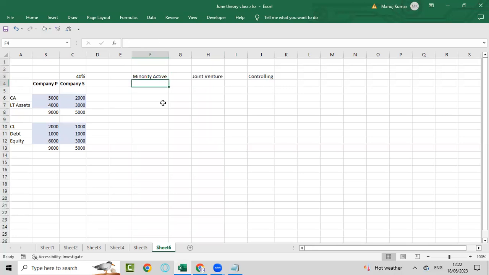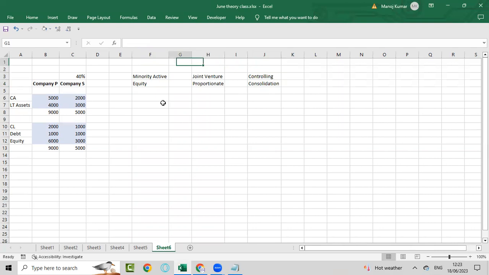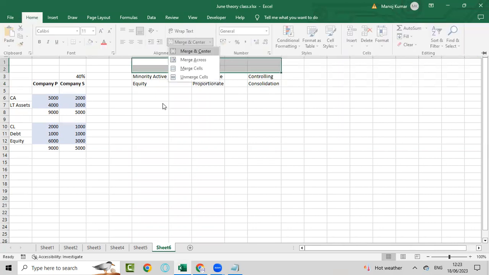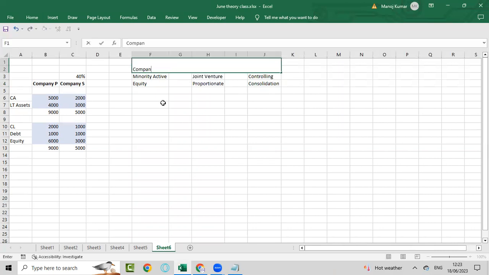For minority active, which method are we going to use? Equity. For joint venture, proportionate. For controlling, consolidation. So whose balance sheet are we going to create?